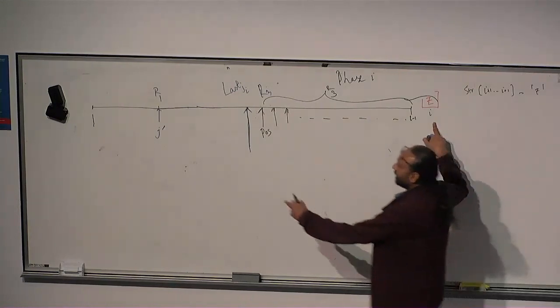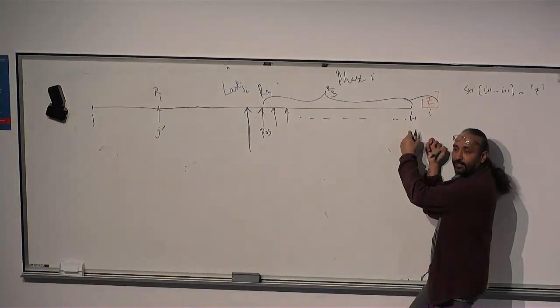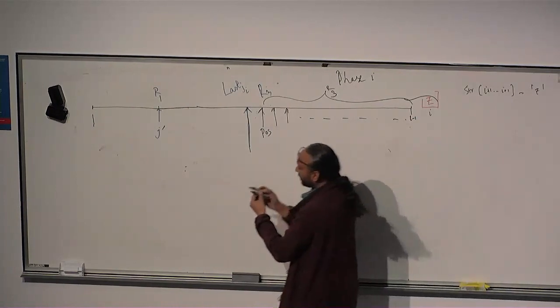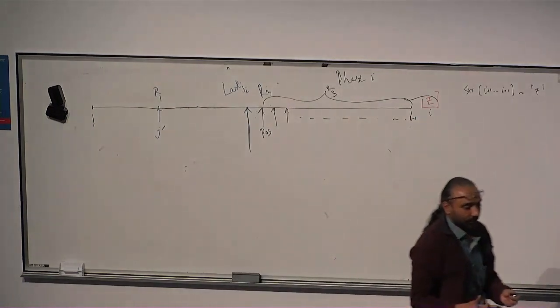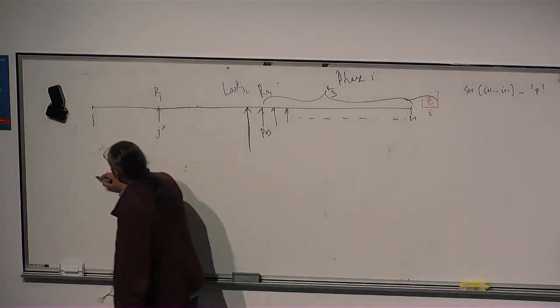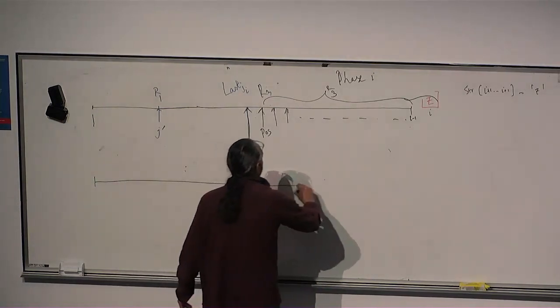That means that traversing j prime to I minus 1, you added a letter that became a leaf extension. Correct? That's what rule 1 means. So, listen to this question very carefully.